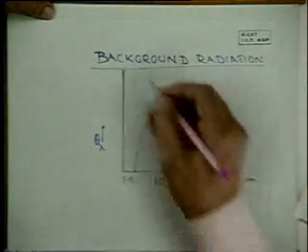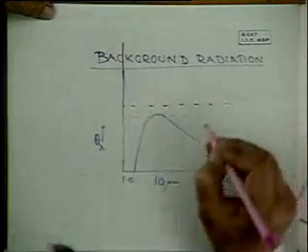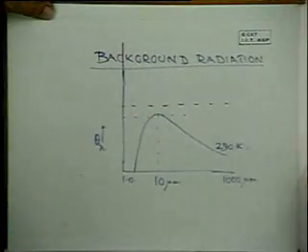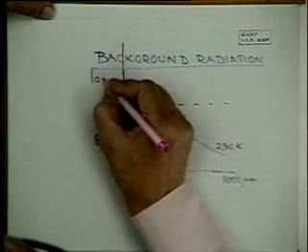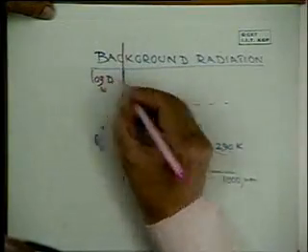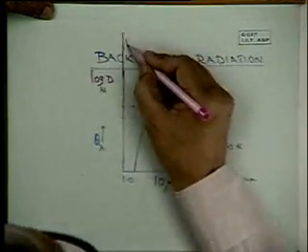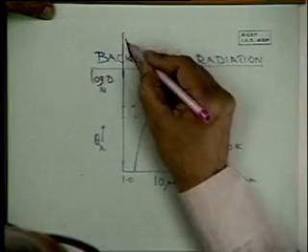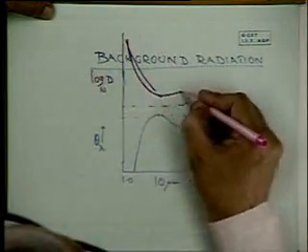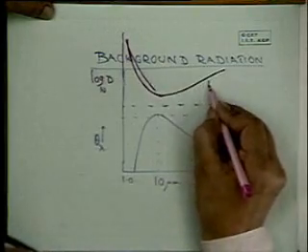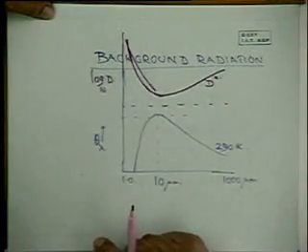The ideal photodetector, if I draw it on the same scale, the detectivities will be inversely proportional.